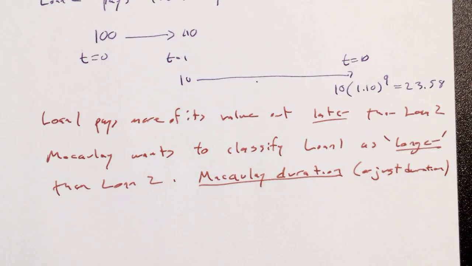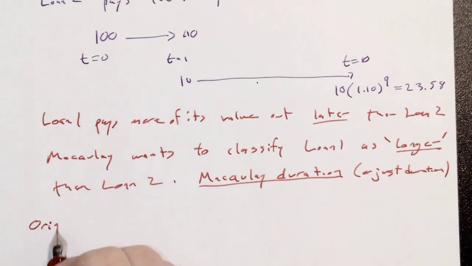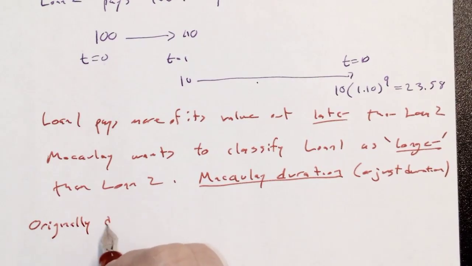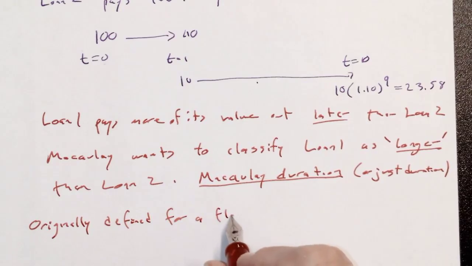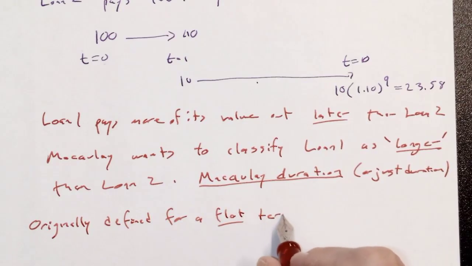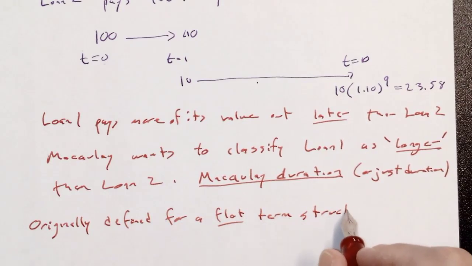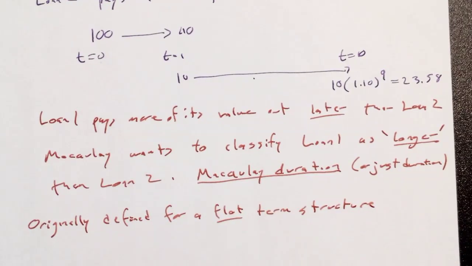Now, Macaulay originally defined this for a flat term structure. What does that mean again?